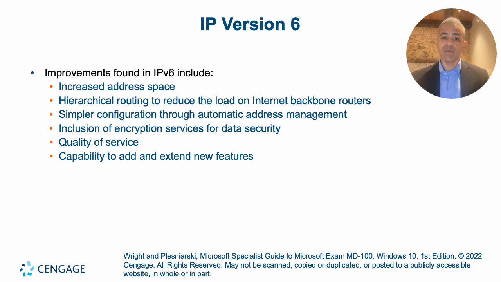So they developed IPv6, which at its core is just a more complex numbering system that allows for exponentially more computers to be connected in the world. So that increases the IP space. It also has a way of routing that reduces the load on all of the different routers, and it improves the quality of the service and the availability of those connections.